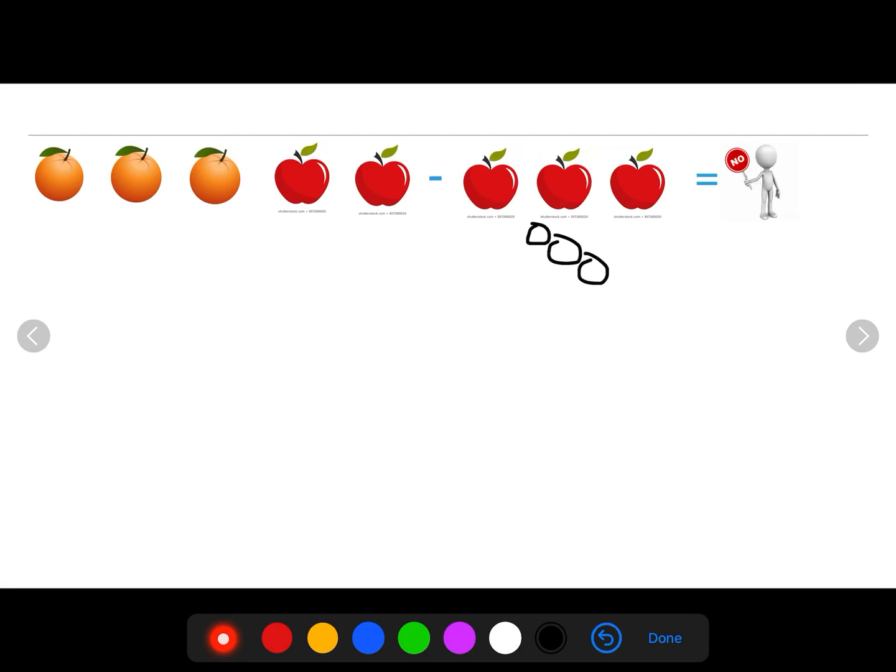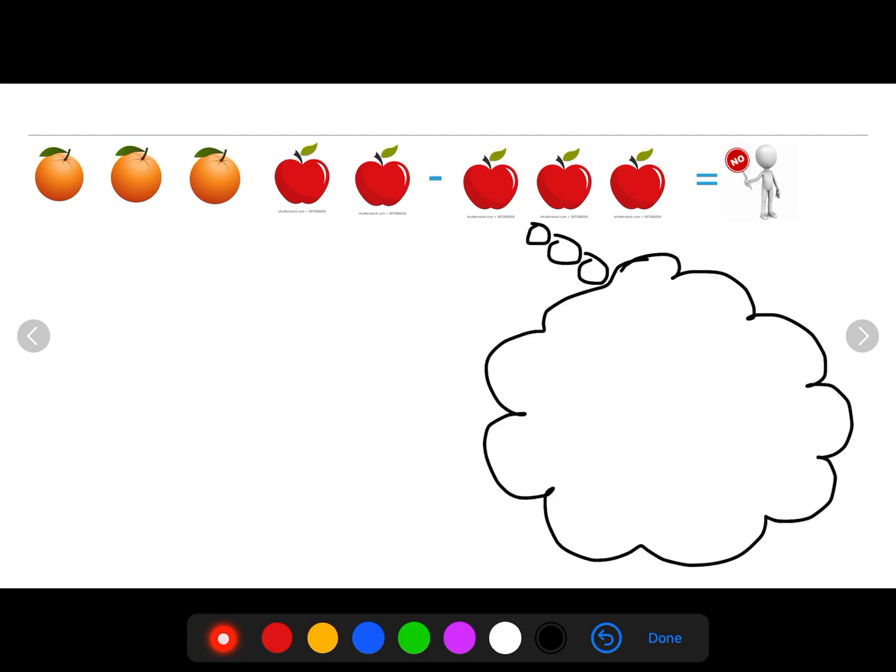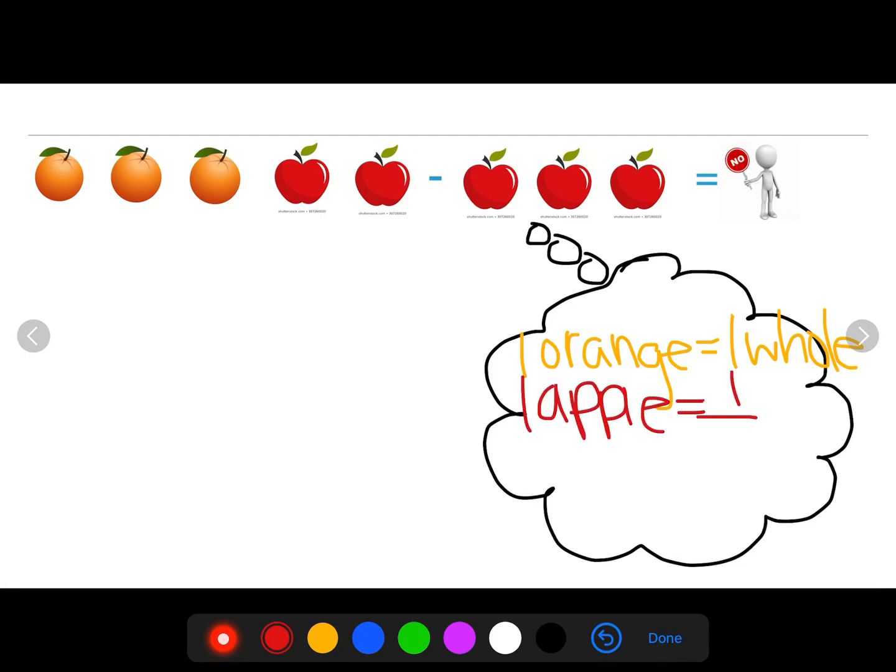But what if I think back to my previous problem, and I said I want each orange to represent 1 whole and each apple is going to represent 1/6.